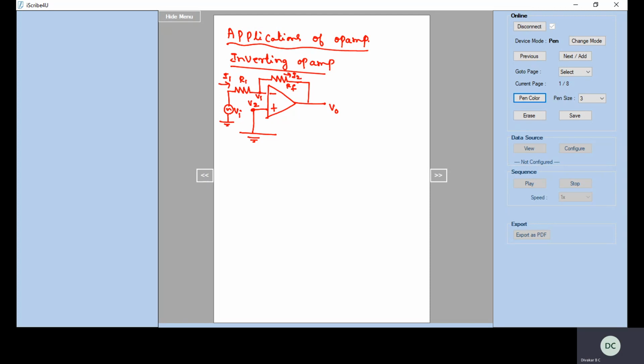Since the non-inverting terminal is connected to the ground, V2 is 0, which implies that V1 is also 0. So the output voltage is given by minus A into Vi, where A is the gain given by minus RF by R1.